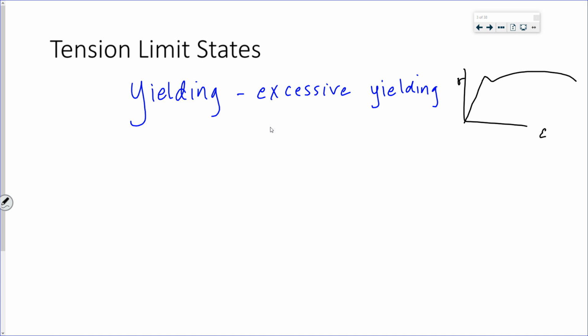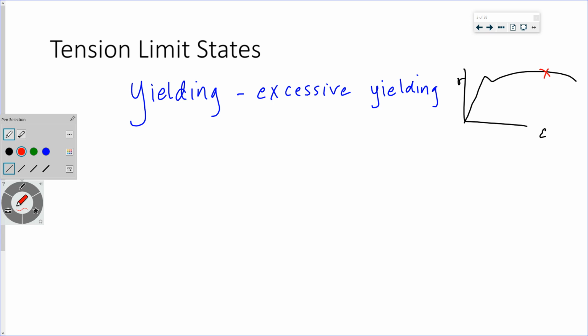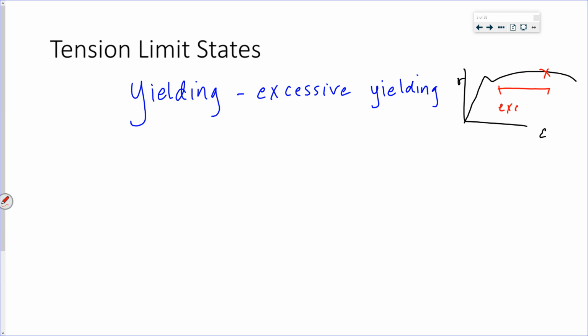So if we're somewhere out here, we don't get enough strength, but it's going to be yielding a whole heck of a lot. So we get a lot of deformation with barely any additional applied load.